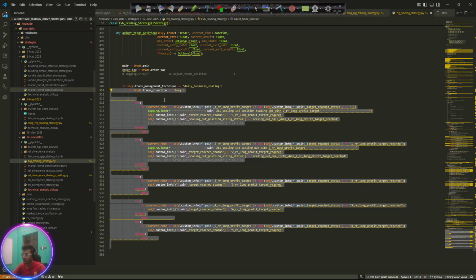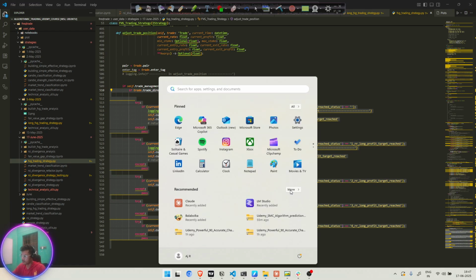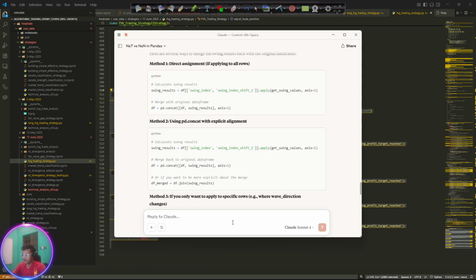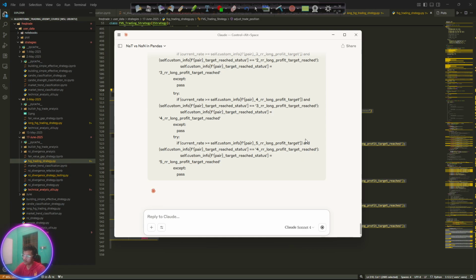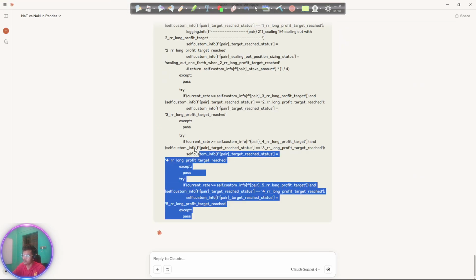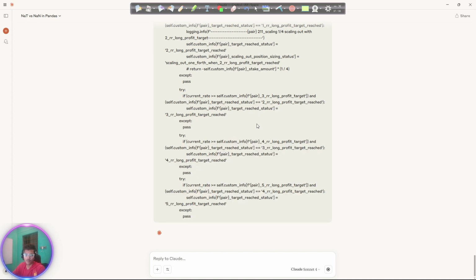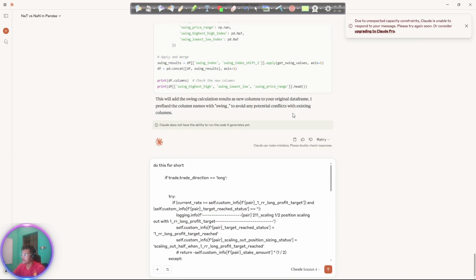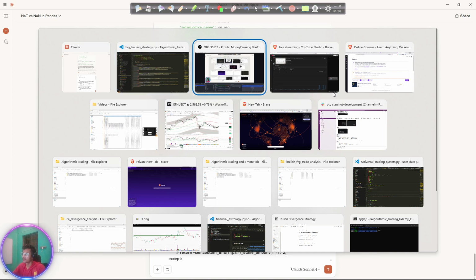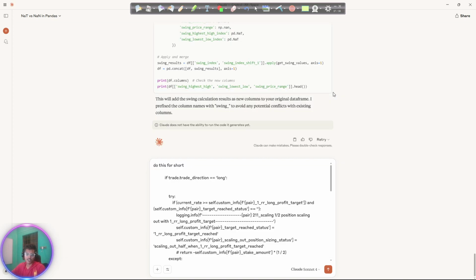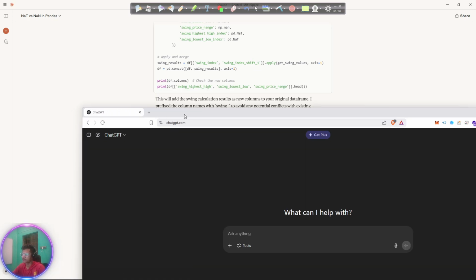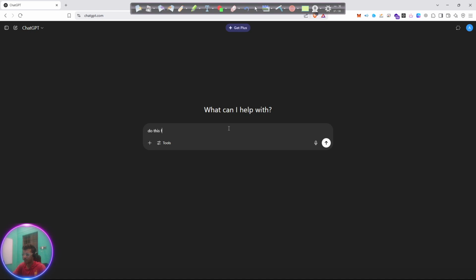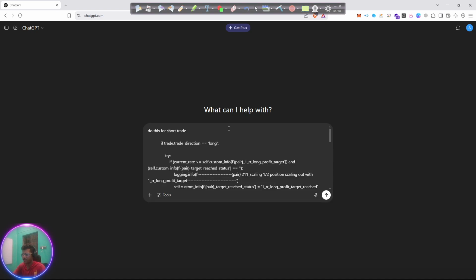Okay, let's take the help of ChatGPT or Claude. Do this for short. Not much context. Let's see if it figures out or not. Okay, anyway, let's take the help of ChatGPT. Do this for short trade.